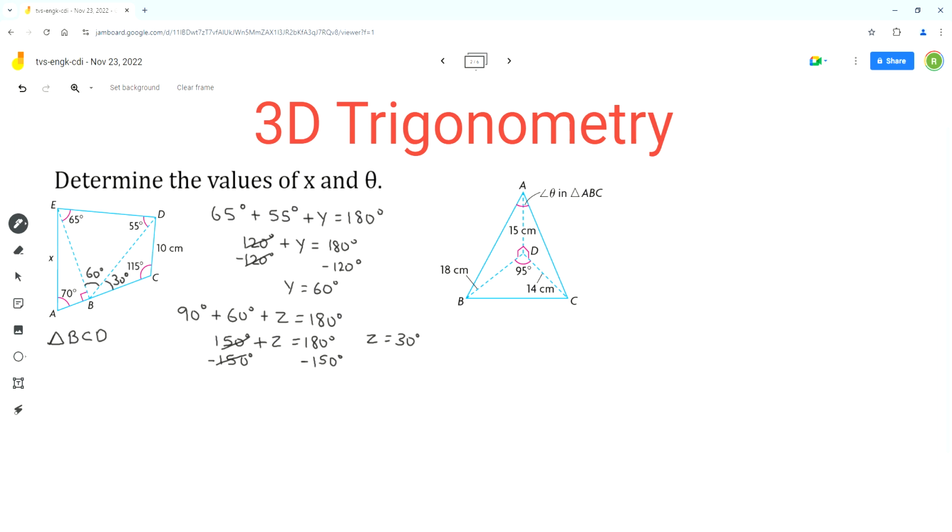The sine law equation will be, next we can sub in the value of length of side DC and we can cross multiply sine 115 degrees to isolate BD.